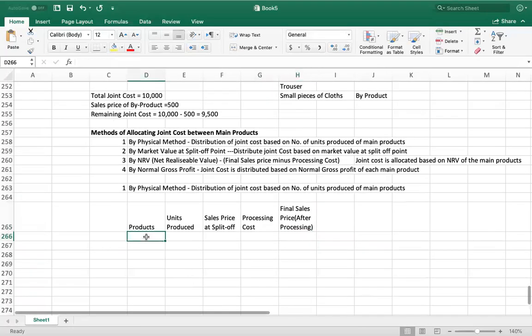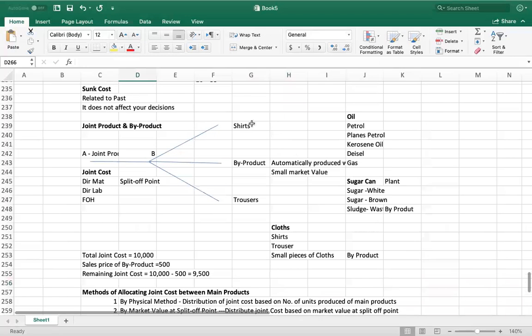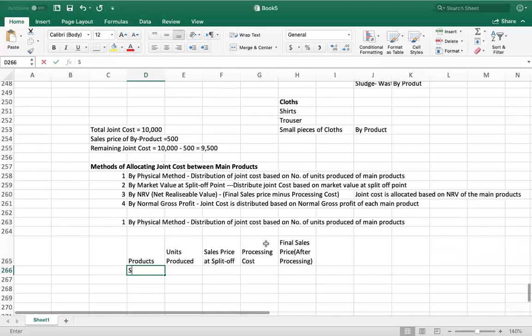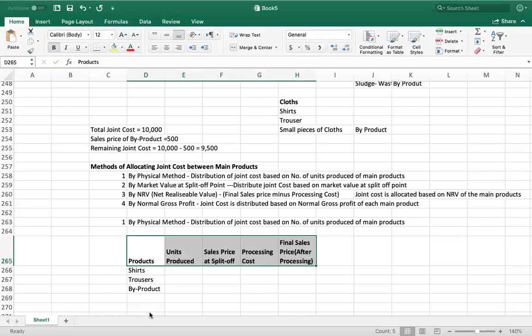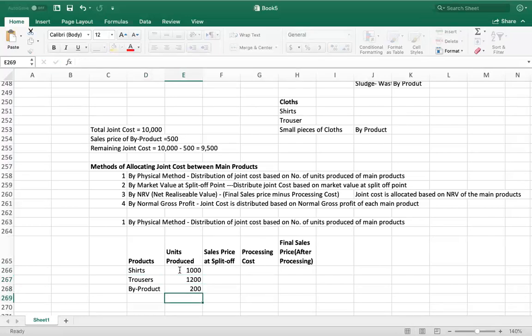For example, we have these three products: one is shirts, second trousers, and third a byproduct. We are making 1,000 units of shirts, 1,200 units of trousers, and 200 units of byproducts.